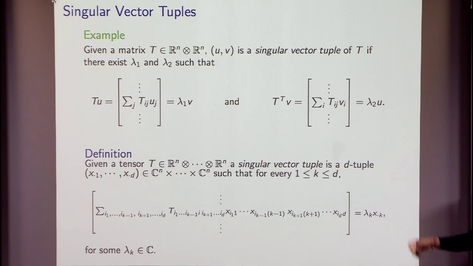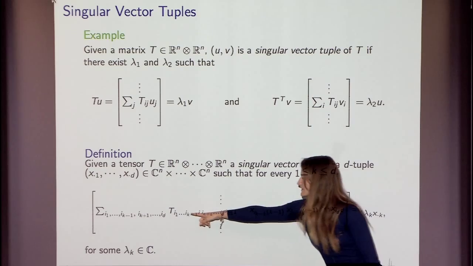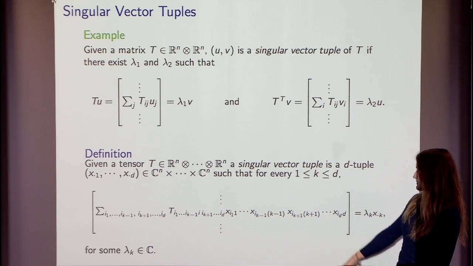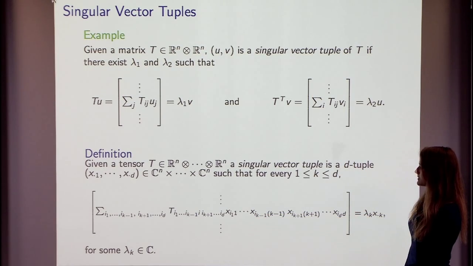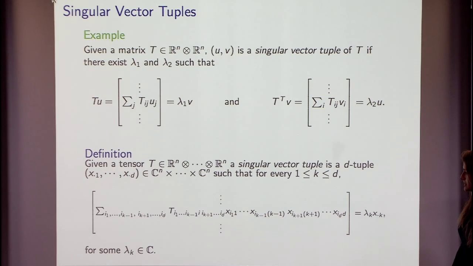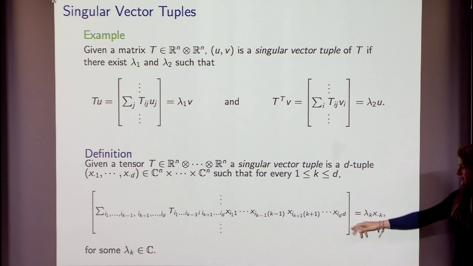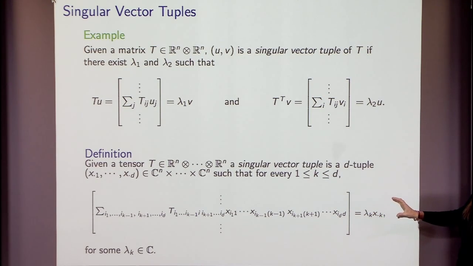So we have d vectors, x1 through xd, such that if we pick the kth one, and we sum over all indices except for the kth index, multiplying by the corresponding entries of the vectors, x_{i1} times ... times x_{i(k-1)} times ... times x_{id}, so basically we're summing over all other entries, then this vector is parallel to xk.